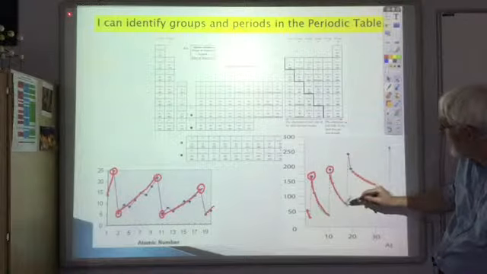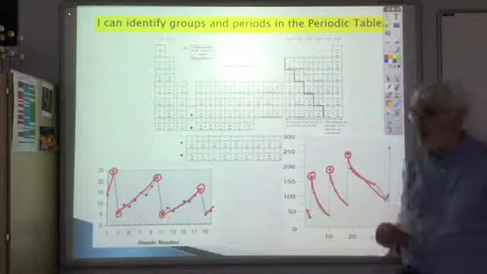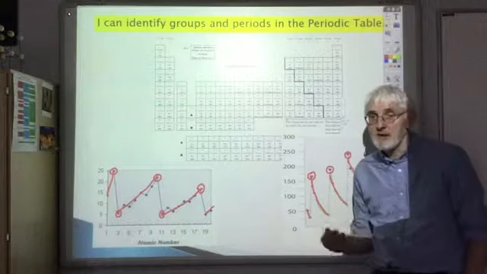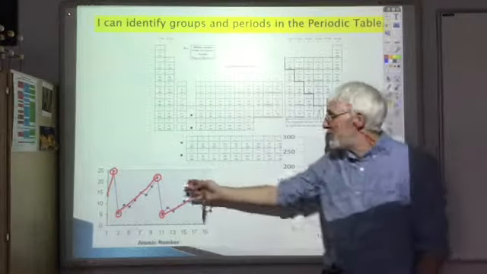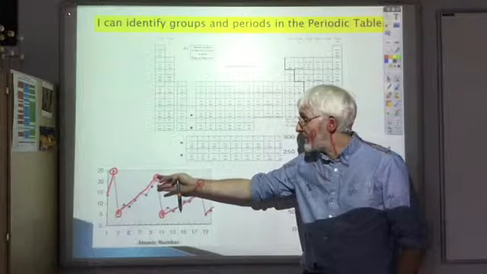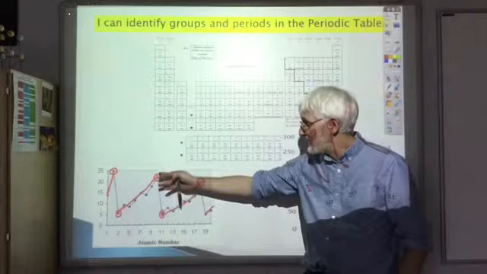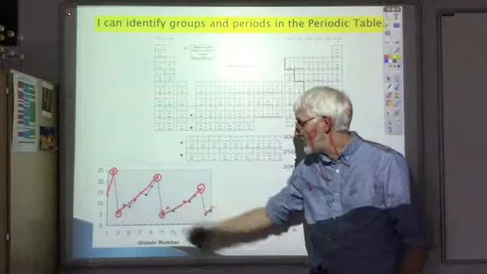Goes down across the period, jumps up, goes down across the period. So we get these patterns within the periodic table, and you should be able to use patterns like this to identify where the end of a period is and the start of a new period is. So at the end of the period it's group 0, at the start of the period it's group 1.